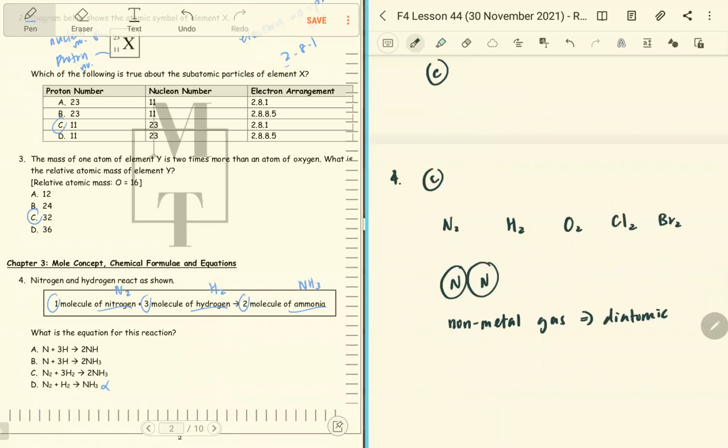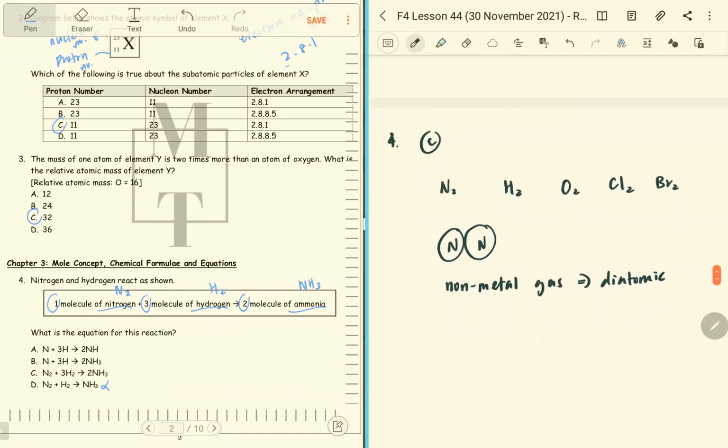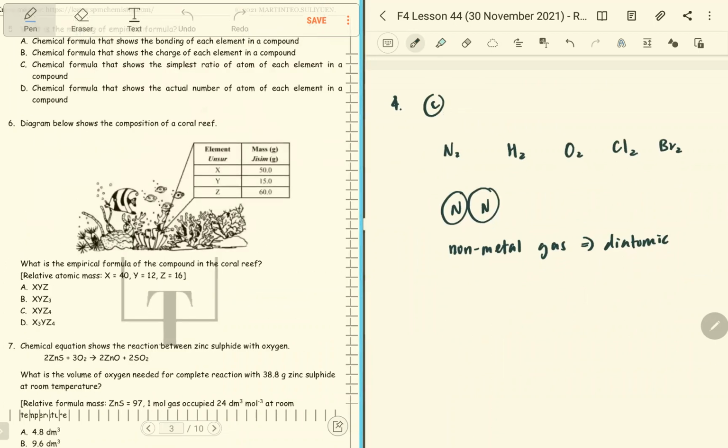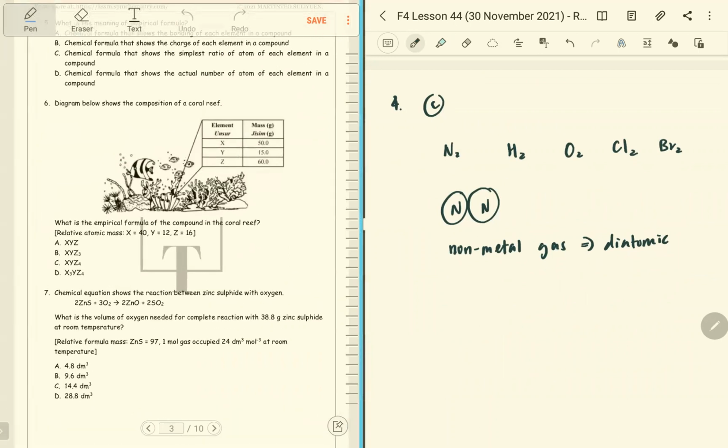But of course, if you do this many times, you'll be very familiar that nitrogen is N2, hydrogen is H2. Oxygen should be the easiest because you are breathing in oxygen and oxygen is O2. So the answer is C. Next page. Another 5 minutes and then I'll discuss these 3 questions.